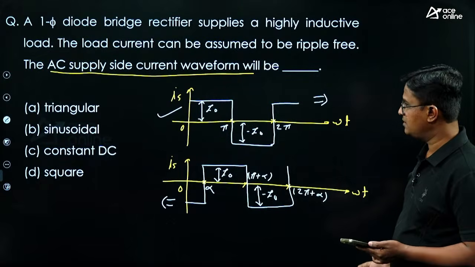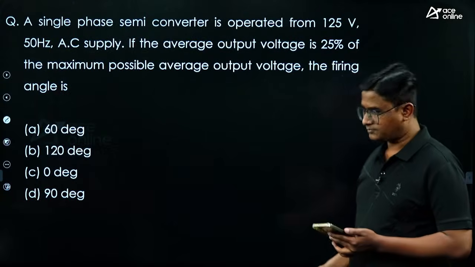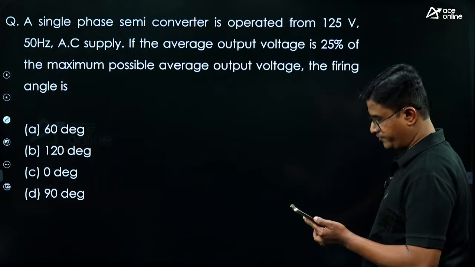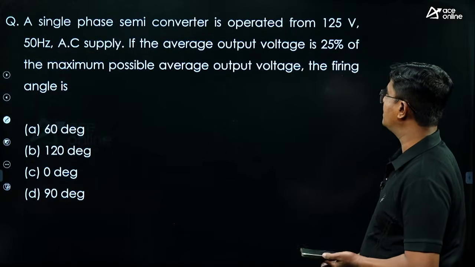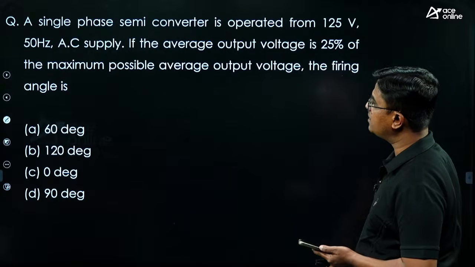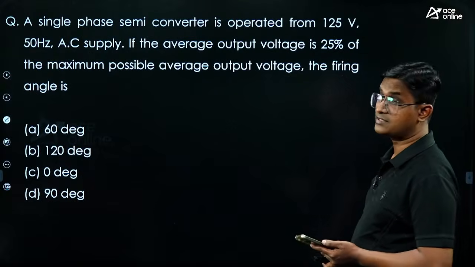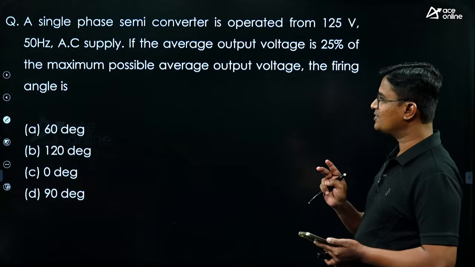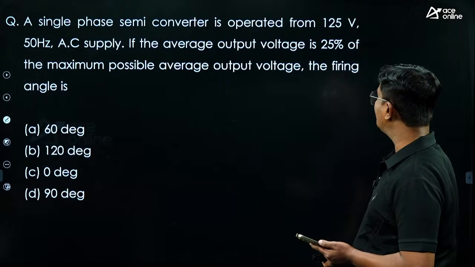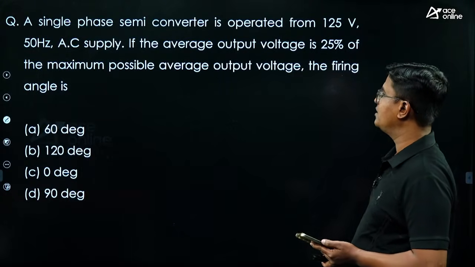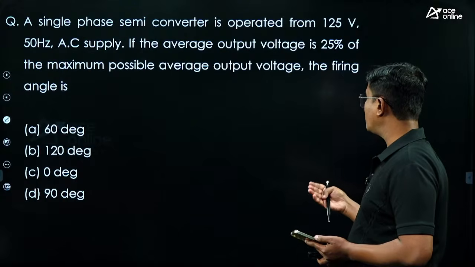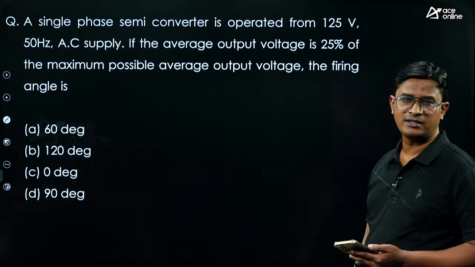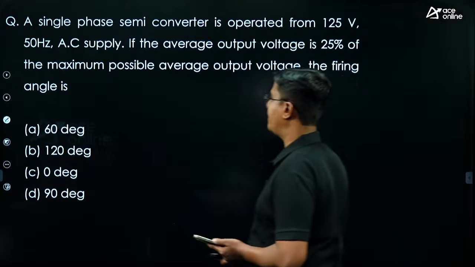Next. A single phase semi converter is operated from 125 volt 50 hertz AC supply. Semi converter: 2 thyristors, 2 diodes. If the average output voltage is 25% of the maximum possible average output voltage, they are asking for the firing angle alpha.